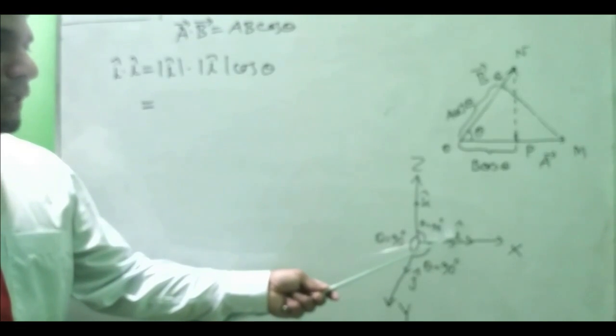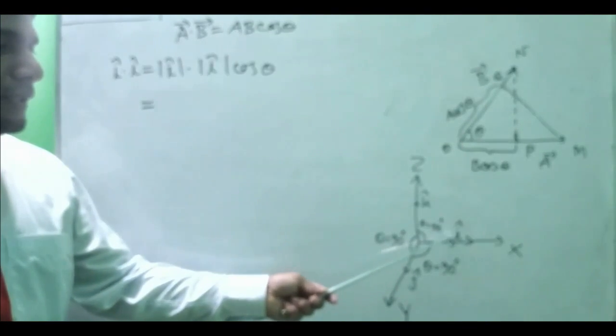We know that according to the definition of a unit vector, the vector whose magnitude is 1 unit is known as a unit vector. So here the magnitude of all three unit vectors is 1. The value of I cap is 1, the value of j cap is 1, and the value of k cap is also 1.